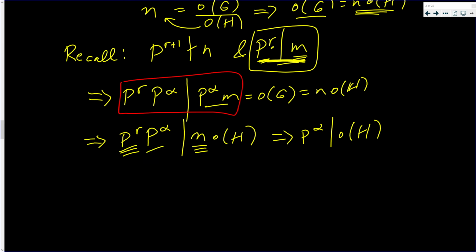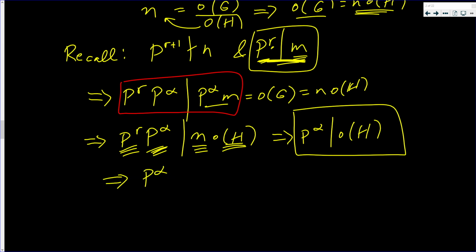So it better be that this goes into the order of h. So we have this. Well, that implies something very important. That implies that p to the alpha is less than or maybe equal to the order of h.